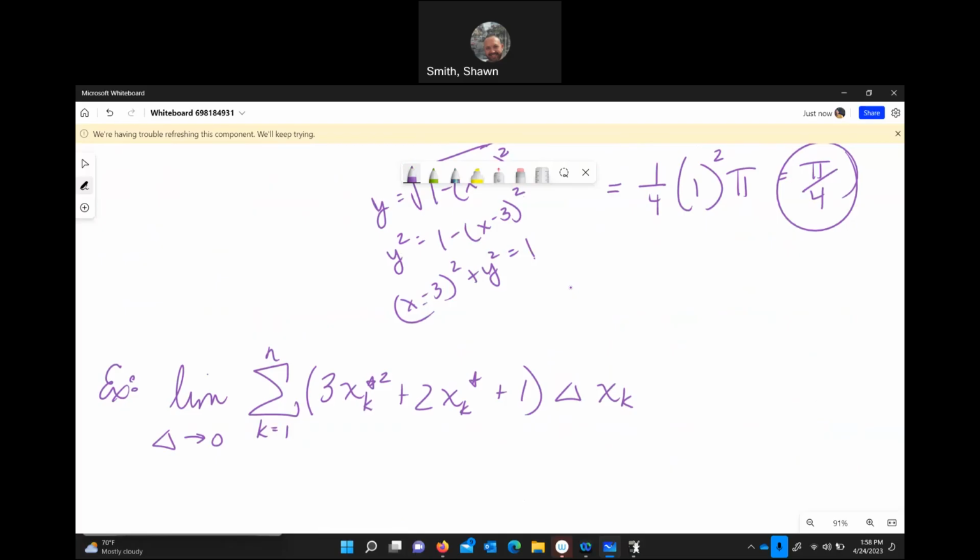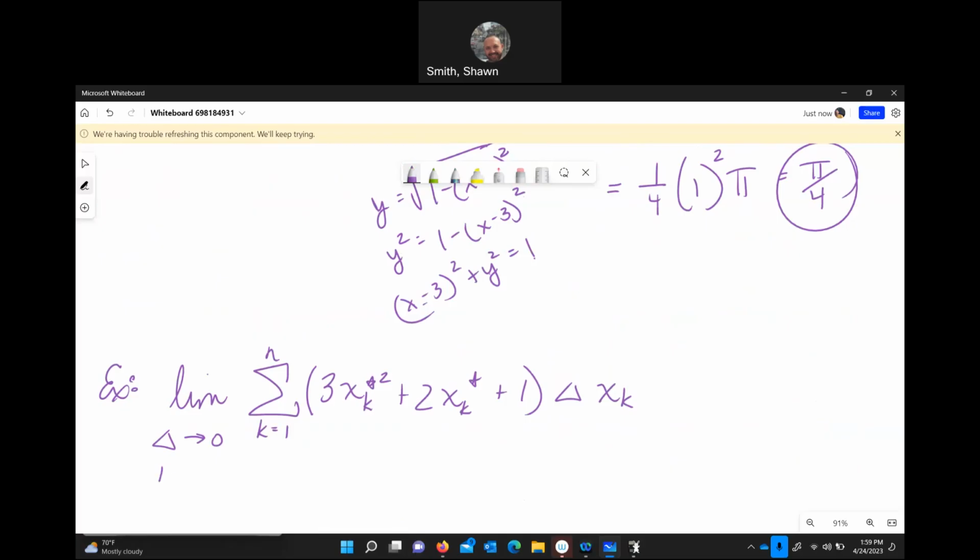You can see what the function is, right? We plug x sub k star into the original function. In this case, x is being squared and multiplied by 3, x to the first power multiplied by 2. This is just a quadratic right here, times your change in x.